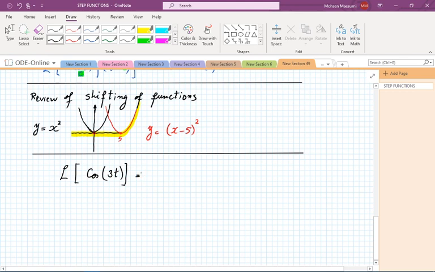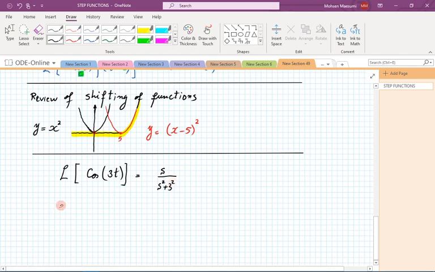You have to be very fast with this to be ready for your next circuit classes and such. So you shouldn't rely on that table all that much. You have to look at that table so often that it becomes second nature to you. So you remember that this was s over s squared plus 3 squared, right?